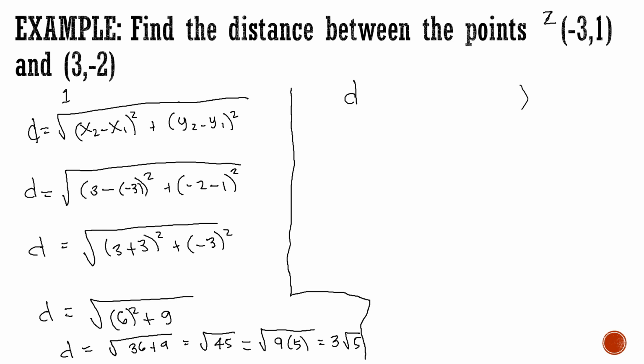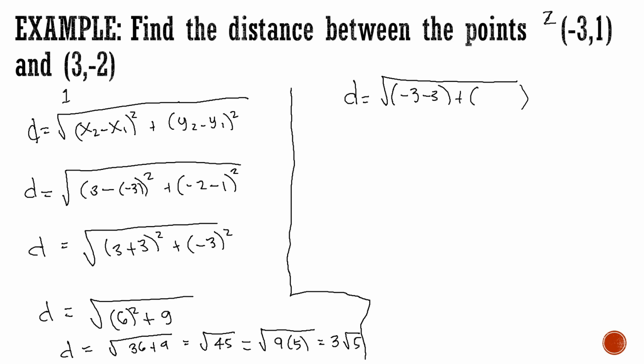If the distance formula will hold water, d is equal to the square root of, now, ito na yung point 2 natin, x sub 2 naman tayo ngayon, so paano gagawin natin ngayon kung x sub 2 tayo? That will be negative 3 minus 3.